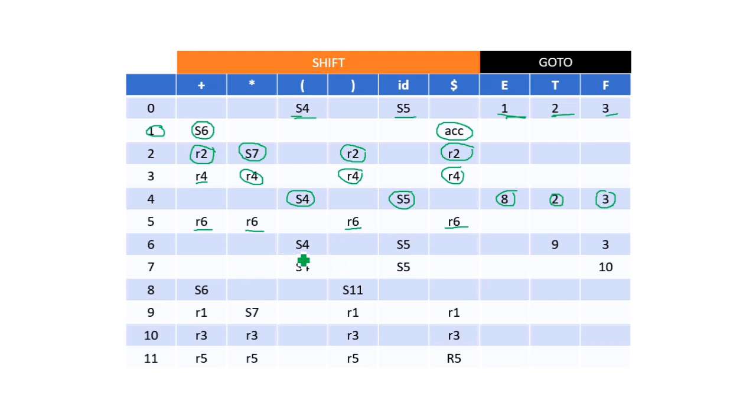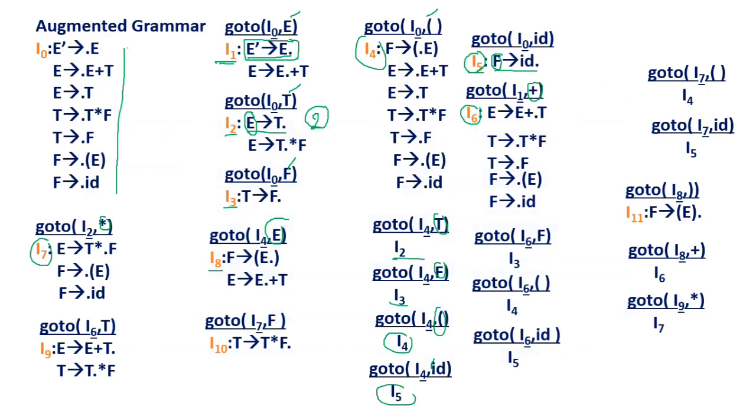Now we'll go for item set 6. Go to of item set 6 has F here. F is a non-terminal, and item set 6 has open brackets and ID. These two are terminals. Open brackets goes to I4, so we write S4, and ID goes to I5, so we write S5, and so on.